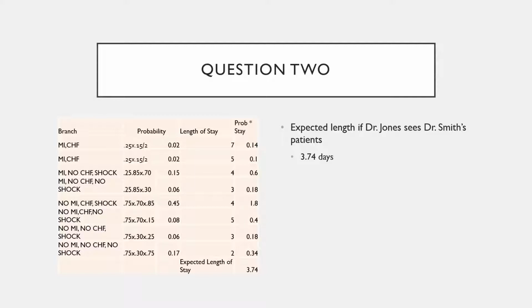So what we do is we put them down twice, which are the first 2 routes listed, which is MI to CHF. Since you're doing it twice, you divide the probability by 2, but you get the same probability for both. It's just the length of stay which is different.